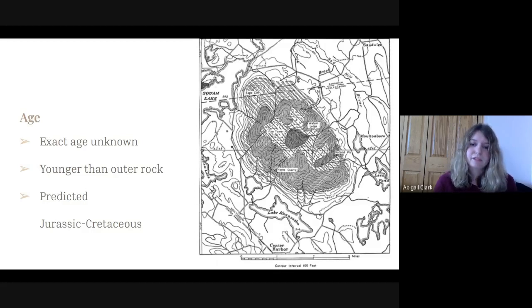And a lot of the research is from the 1930s. So when this magma series intruded into the Devonian rocks, they were saying that the magma must be Devonian or Carboniferous in age. But now that we know about plate tectonics, we do know that it is more likely Mesozoic in age because that's when we start seeing rifting events that would create magma.